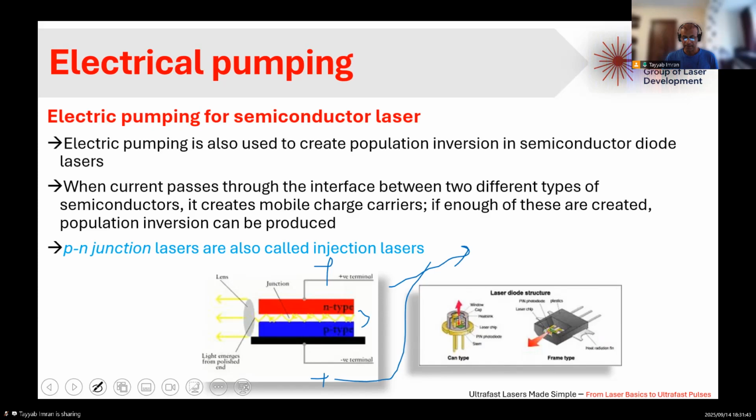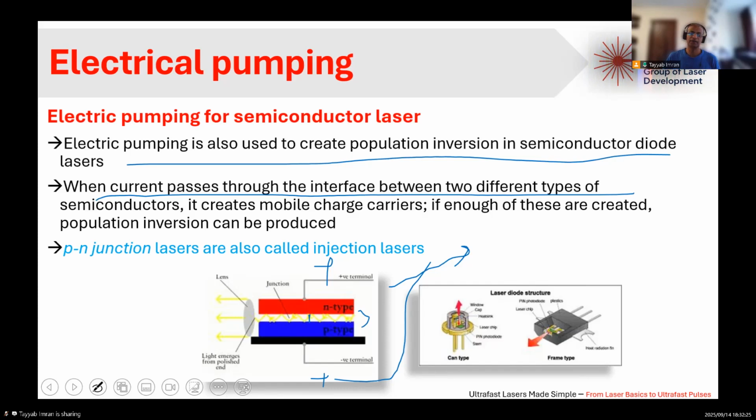Okay, and with electric pumping in the semiconductor, holes and electrons combine in the forbidden region, and when they combine with each other, you may have some laser action. In simple words I'm telling you, otherwise the theory can be complex. Like here, the current passes through the interface between the two sides of the material, p-type and n-type.